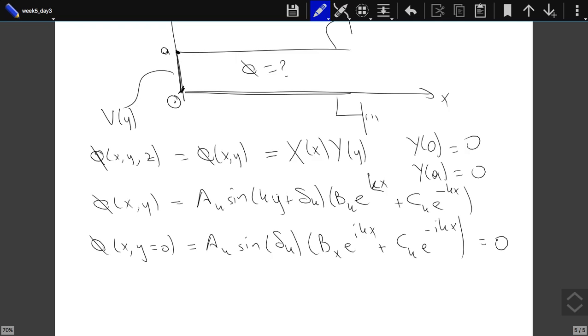Of course, I can choose delta k to be pi, but I don't really care if I choose pi, since sine of ky plus pi is just minus sine of ky, and I just move that minus sign to this overall coefficient. That doesn't really give me a new solution. So this basically tells me that delta k is equal to 0 for all k. I mean, there are no conditions. For all values of k, delta k should be 0.